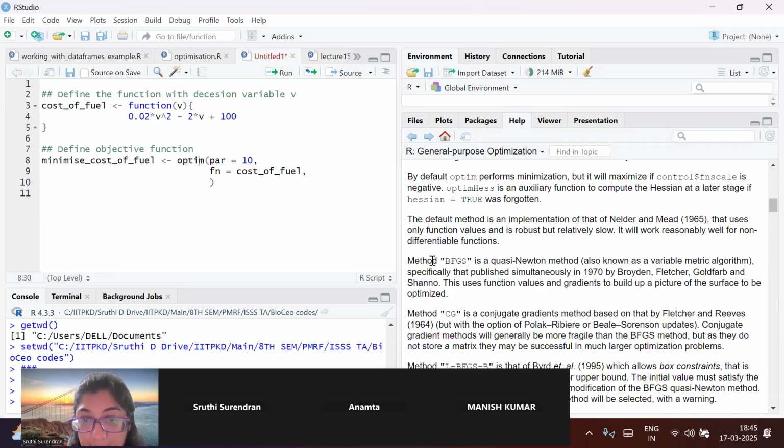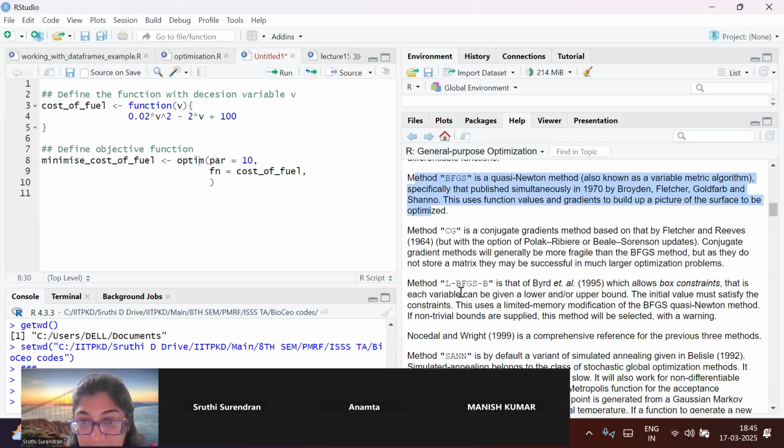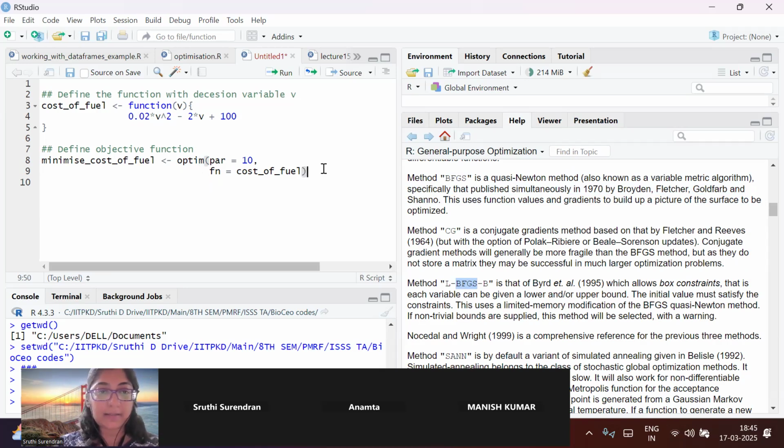But then you can run various other methods like CG, BFGS, LBFGS, B and all for applying constraints. So first let's see a simple one without applying any constraints. We know that the speed limit and all is a constraint, but let's just see what answer we get without applying any constraint. So here I have defined a function.